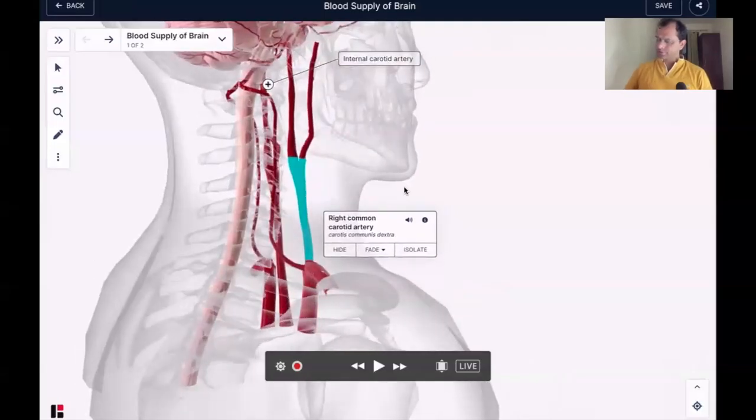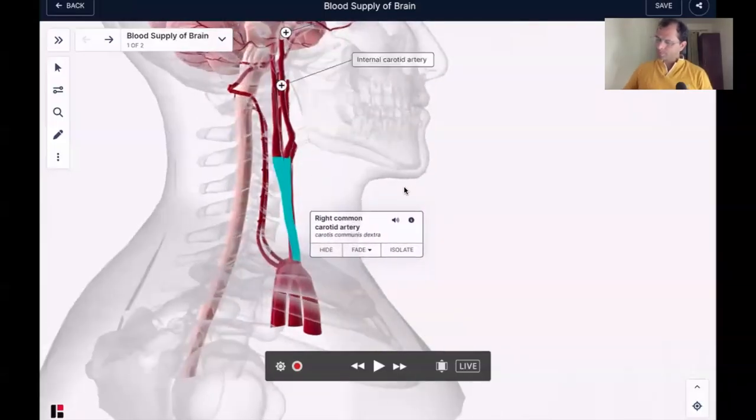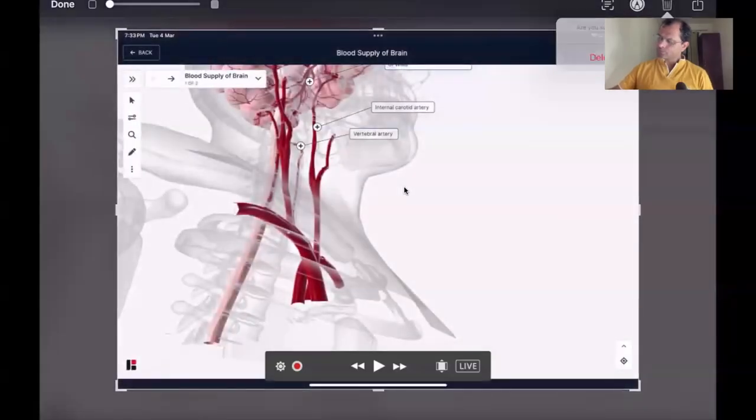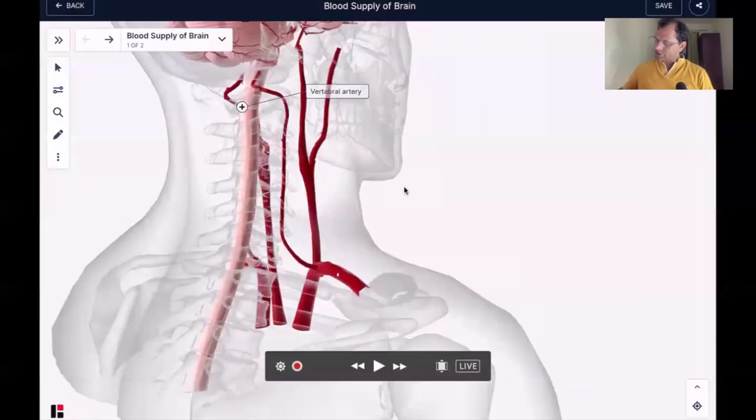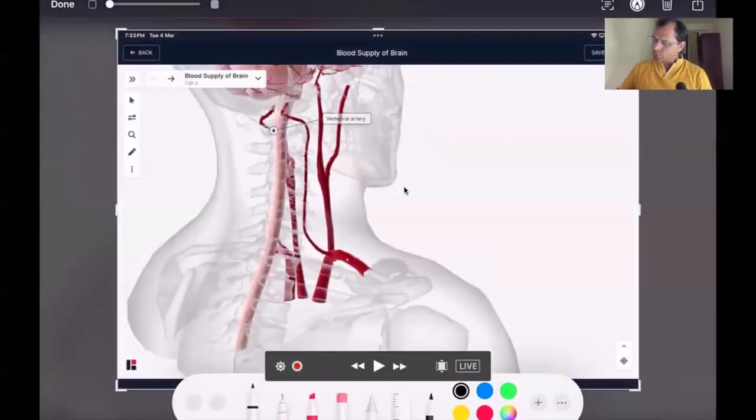Look at it from here. You can see in this image, one artery, this is the common carotid artery going toward the brain.